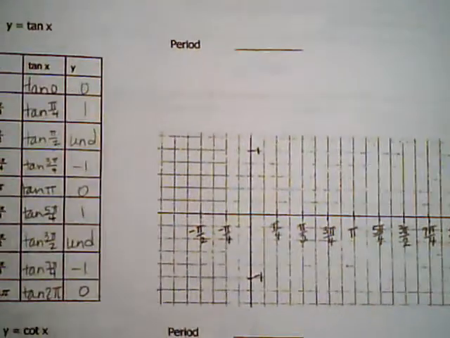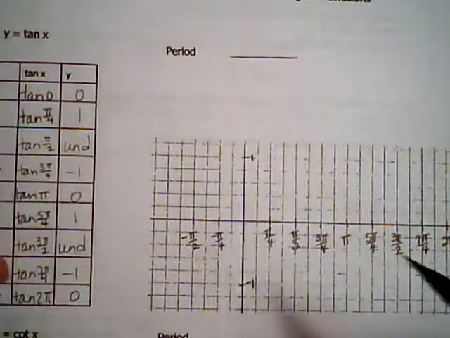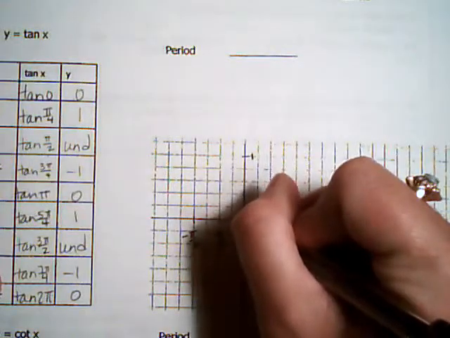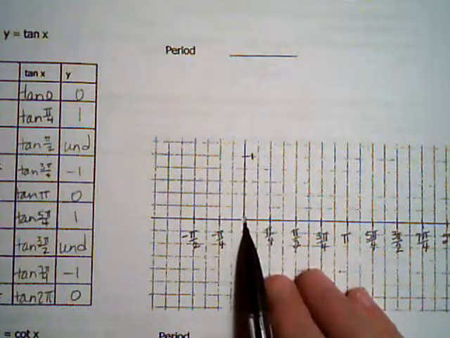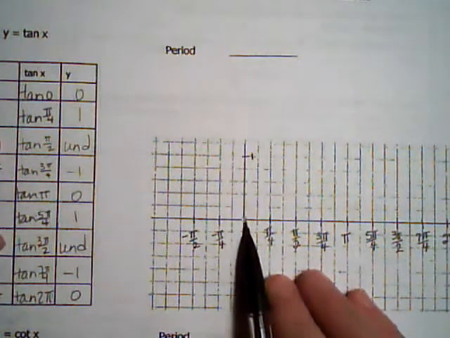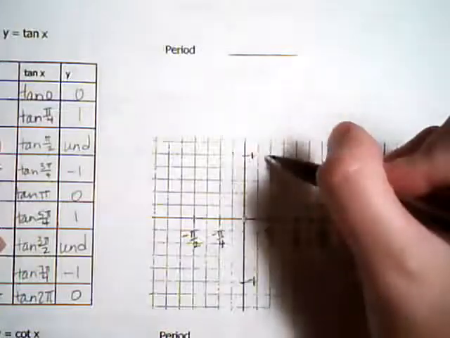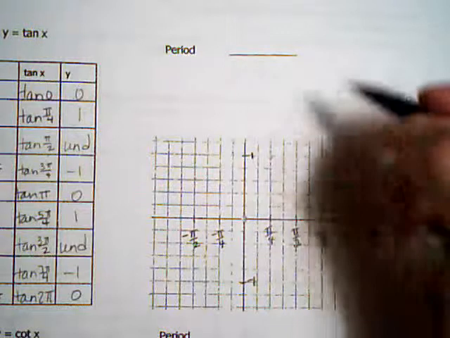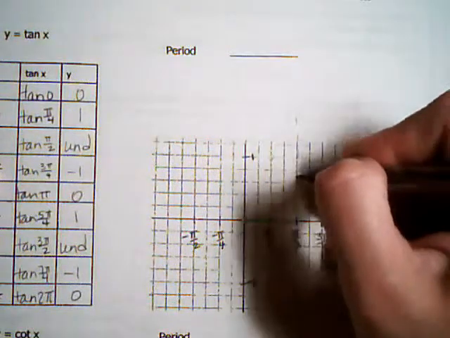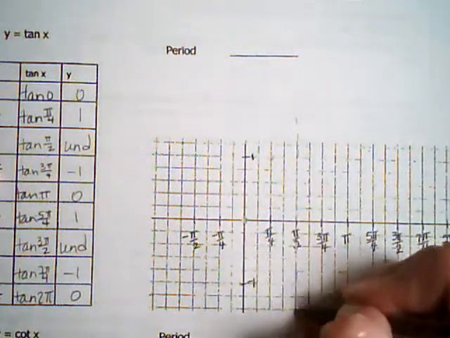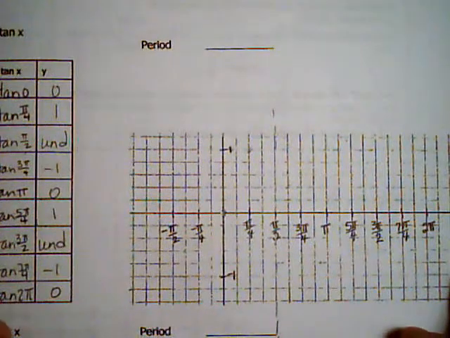Okay, if I graph those, notice that the parent graph of tangent will pass through the origin. Then I have pi over 4, 1, undefined at pi over 2. So that's going to be my vertical asymptote.